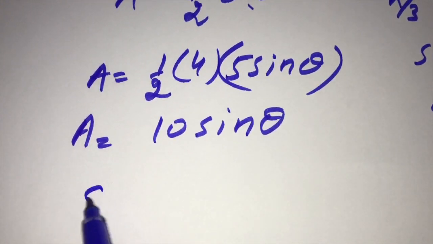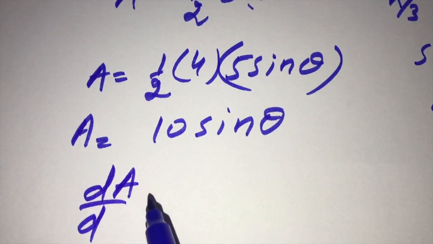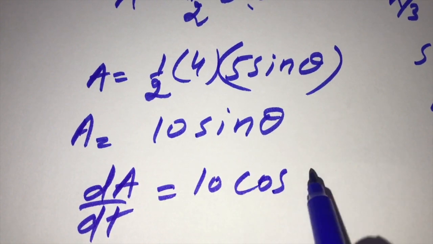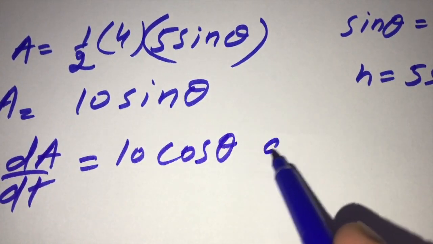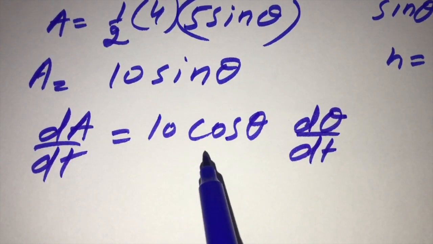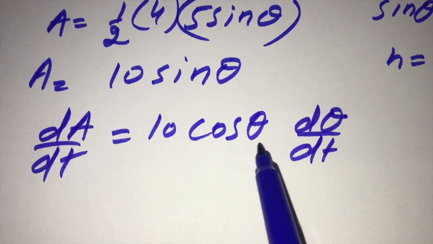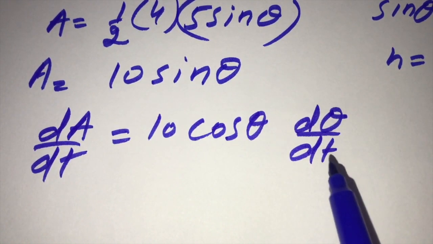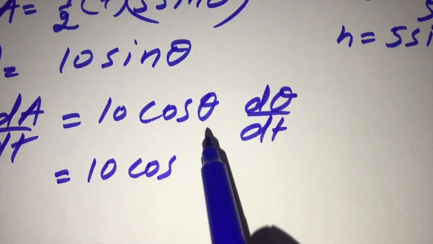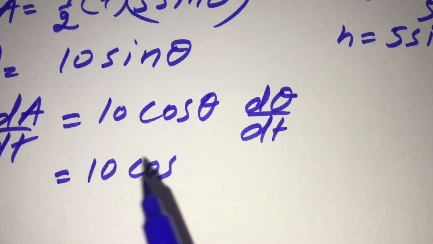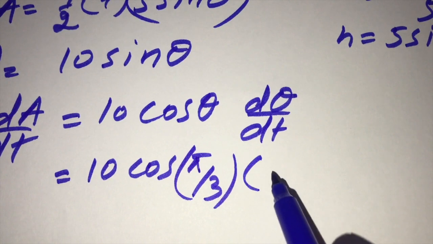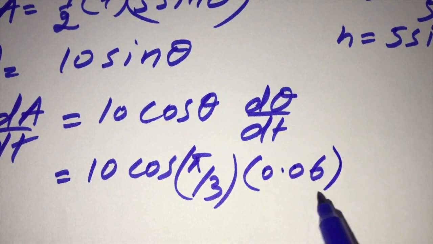Now take the derivative. dA with respect to dt is 10 times the derivative of sine, which is cos theta, and the derivative of theta is d theta by dt. Now we know the fixed angle theta and d theta by dt, so by putting the values: 10 into cos of theta, where theta is equal to pi by 3, and d theta by dt is equal to 0.06.